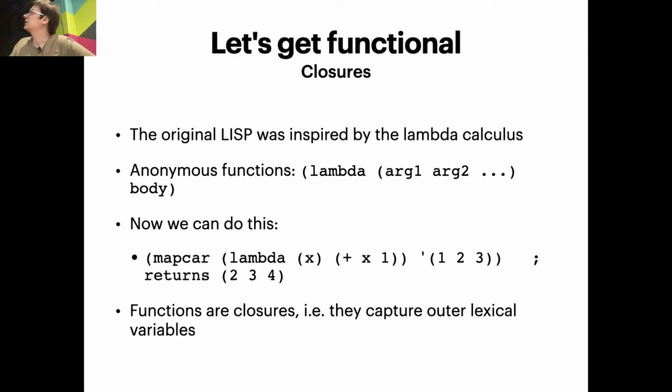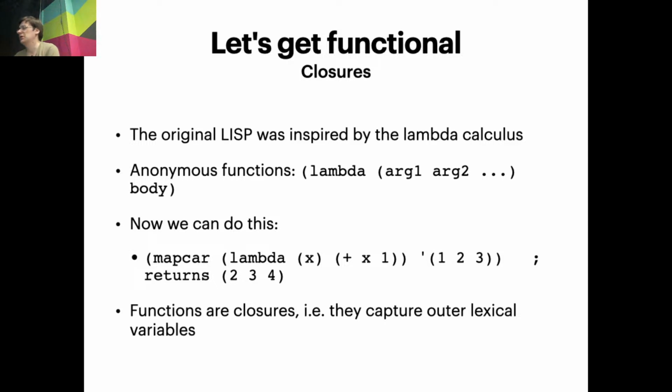So other than specifying functions by names, we can also have anonymous functions and specify them in place. The original Lisp was inspired by lambda calculus, invented by Alonzo Church, and so anonymous functions, because of that, are specified by a lambda form. With lambda, we can specify our function in place, just like normal functions with the arguments and its body.